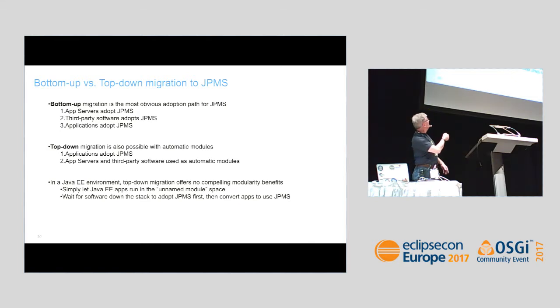So if you tried to do it top down where your application is trying to use JPMS, then everything is automatic or unnamed modules underneath it, and you're not really getting any benefit of the module definitions and the dependencies that are defined. So you could do it, but it's not really buying you a whole lot.